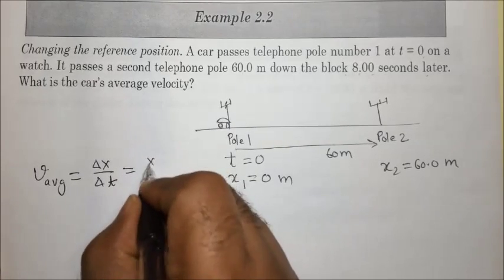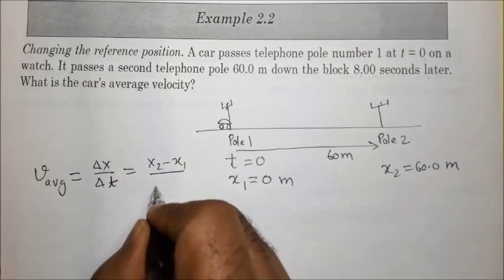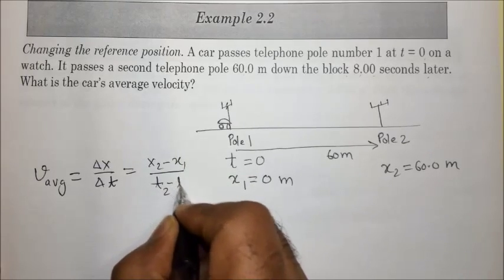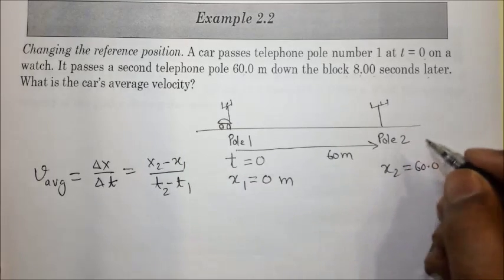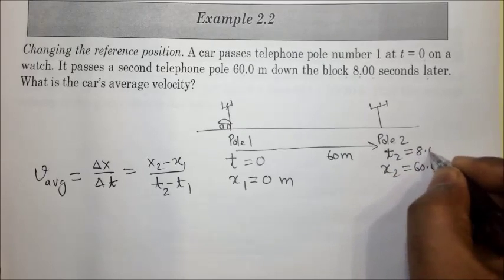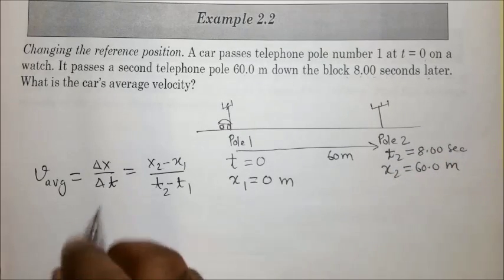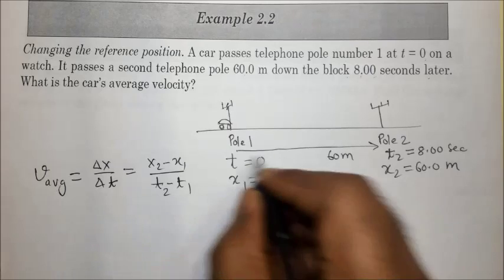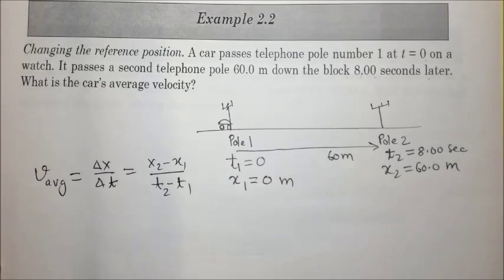This becomes x2 minus x1 over t2 minus t1. t2 is 8.00 second, and t1 is 0 second.